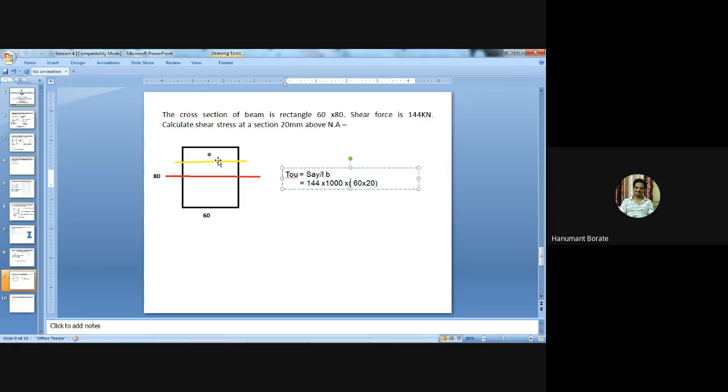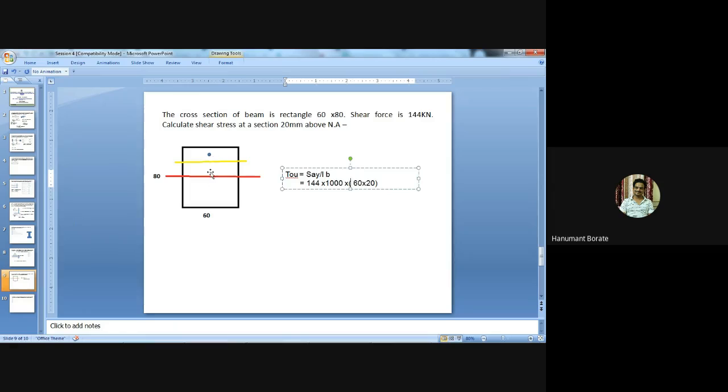Now the center of the considered area is here at a distance of 10 mm from the top side, right? And y bar means the distance of the considered area's centroid from the neutral axis.